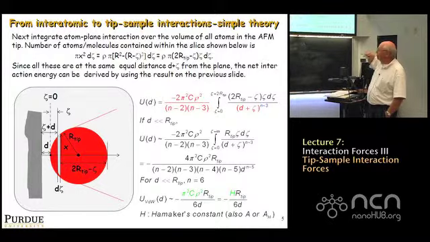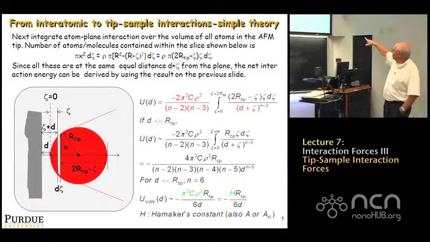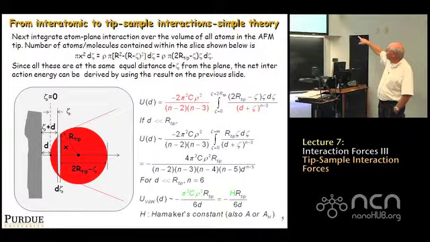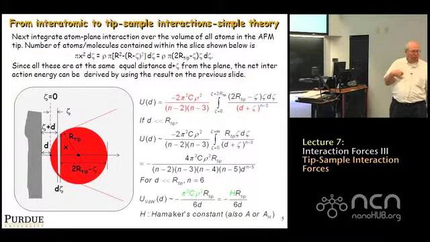You can check the arithmetic later, but at the end of the day, you'll end up with a formula that says the interaction energy between the sphere and the substrate varies as d to the n minus 5. That's the important thing.